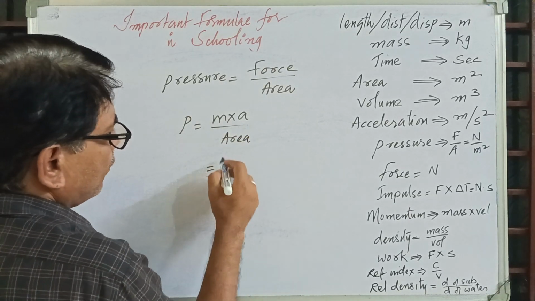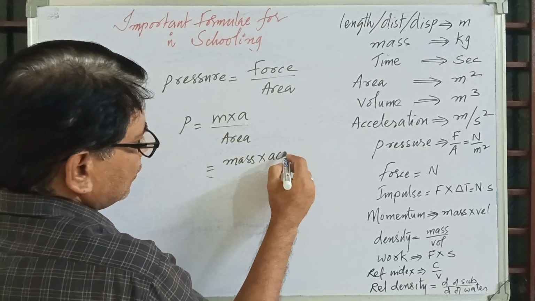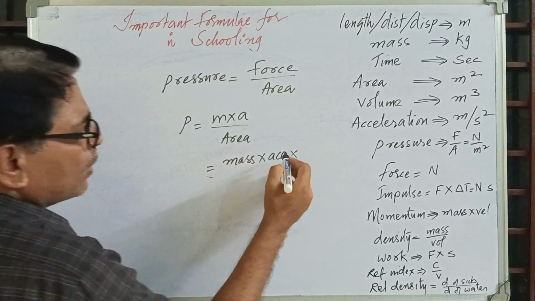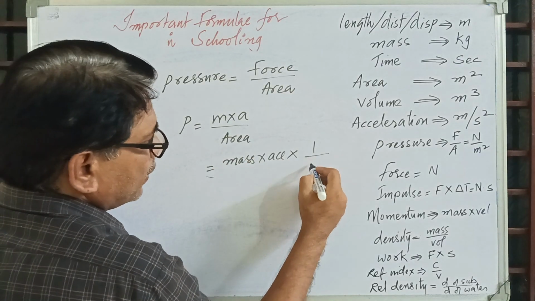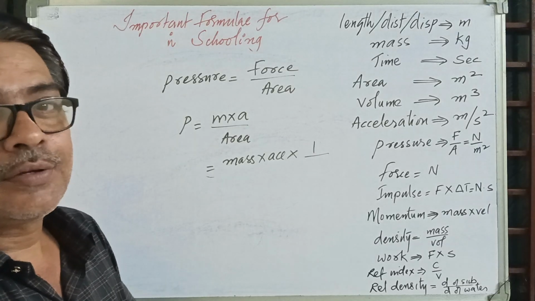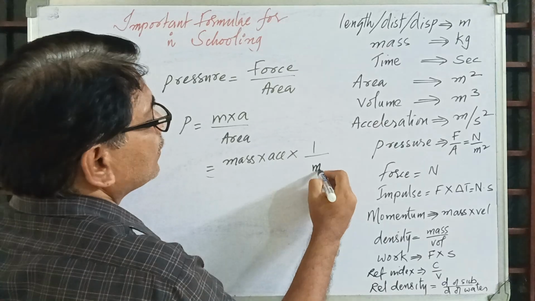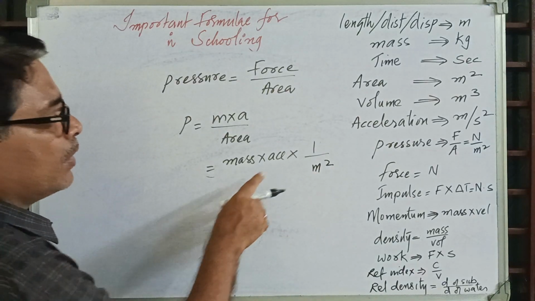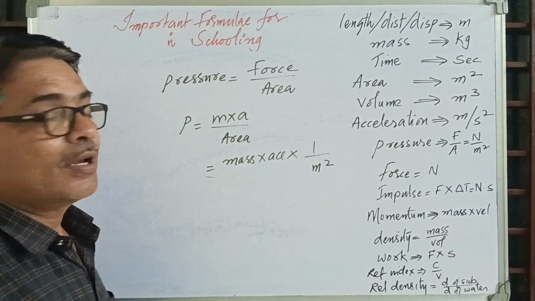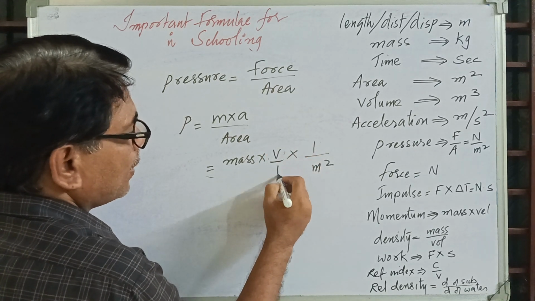So it is nothing but mass into acceleration by area. I will put area here. Now you remember area? Length into breadth, means length into length, means meter into meter. That is meter square. What did I tell you about acceleration? Rate of change of velocity, that means it is velocity by time.